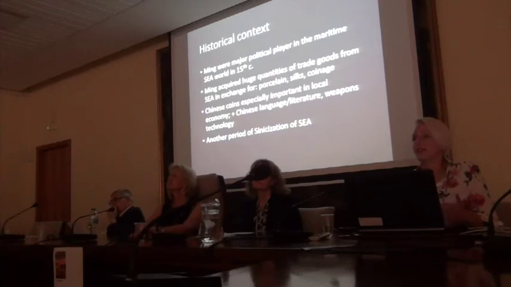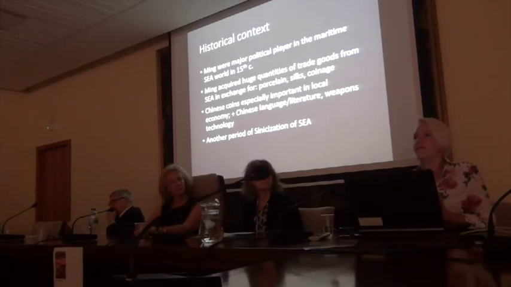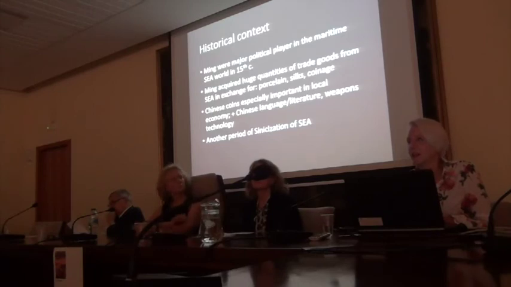Chinese coins were in fact quite important in the local economy in various parts of Southeast Asia, and because of the adoption, voluntary or otherwise, of a Confucian style of government, you see Chinese language and literature being used quite extensively in places like, say, Vietnam. Another really important export is weapons technology.